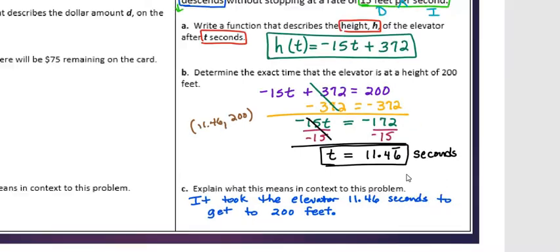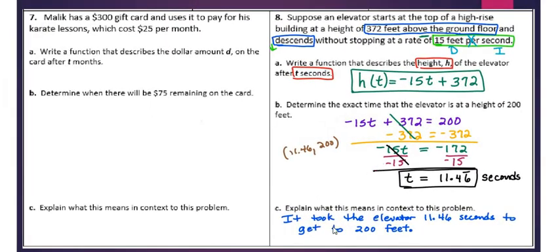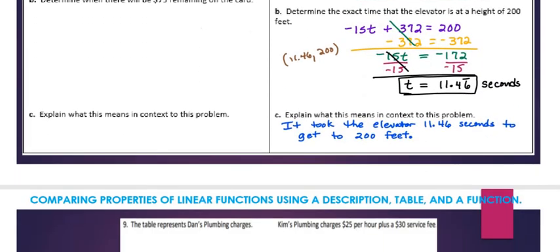Or we could say to descend to 200 feet. So whichever way you say it is perfectly fine. This is what this means in context to this situation. When you're looking at this ordered pair, you have to be able to explain what does this mean.